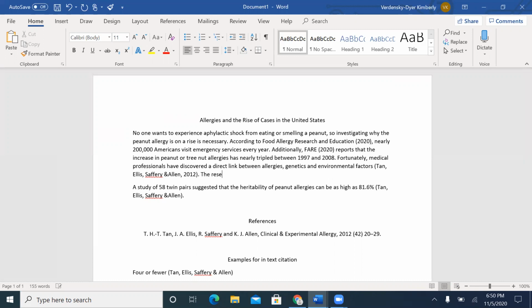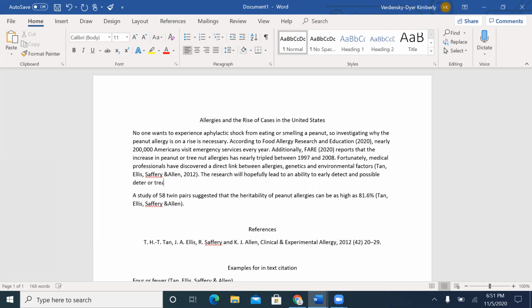The research will hopefully show, or hopefully lead to, an ability to early detect and possibly deter or treat allergies in future generations. Okay. So that's kind of my call to action.